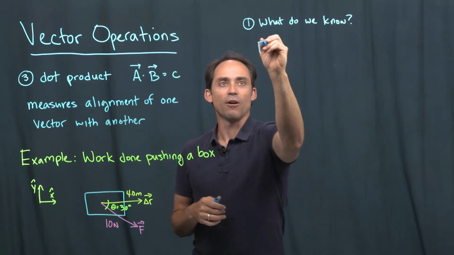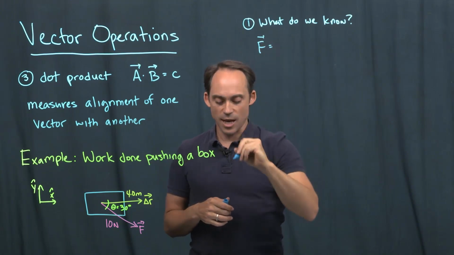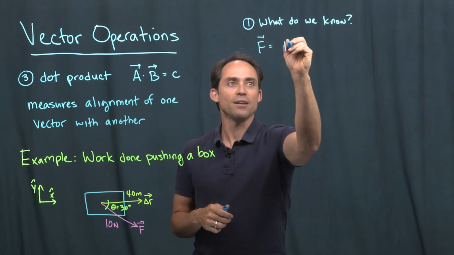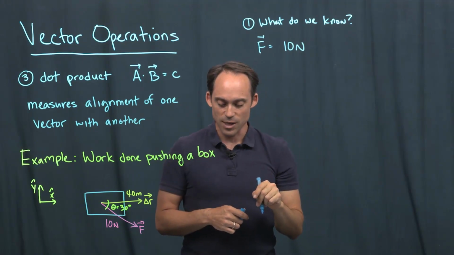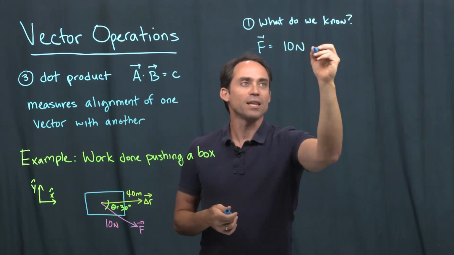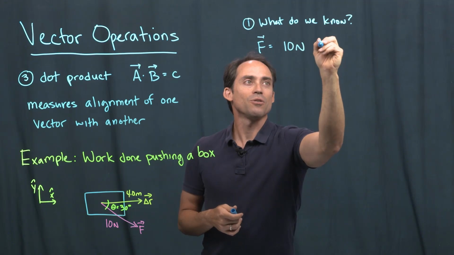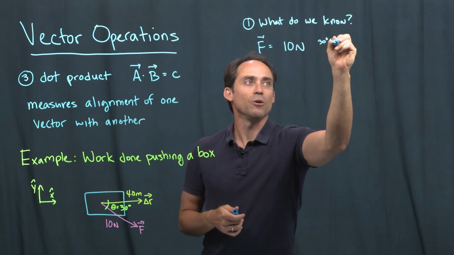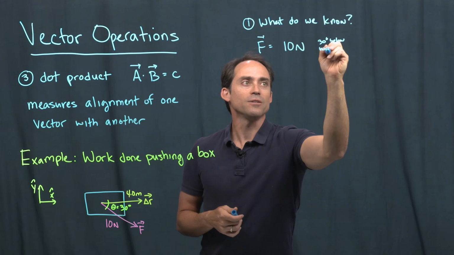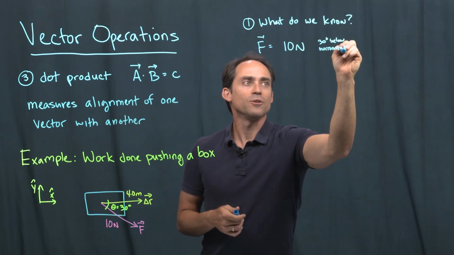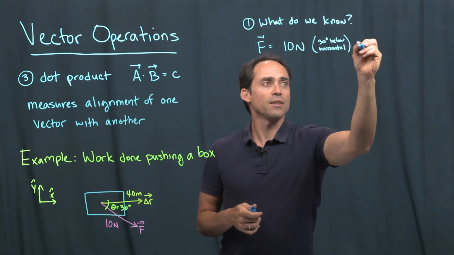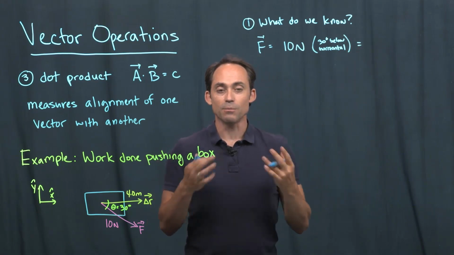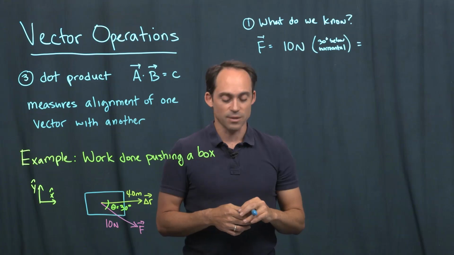And so we have our force vector, which has a magnitude of 10, a unit of newtons. We can write down the direction as 30 degrees below horizontal, as our wordy way of writing a direction. Or we can write this force vector in its components in our xy coordinate system.